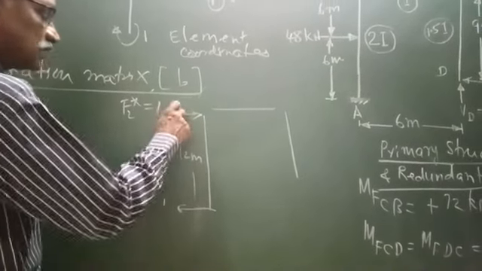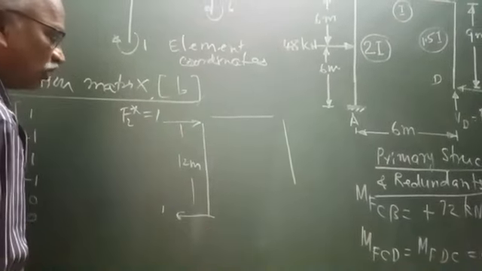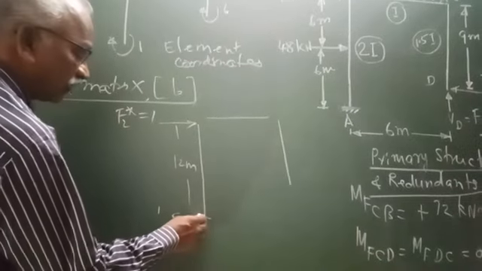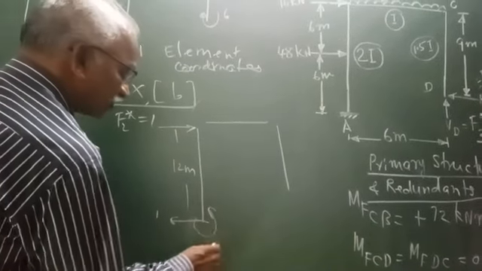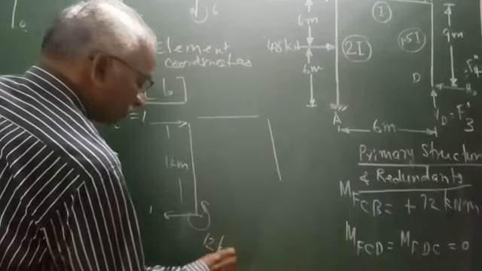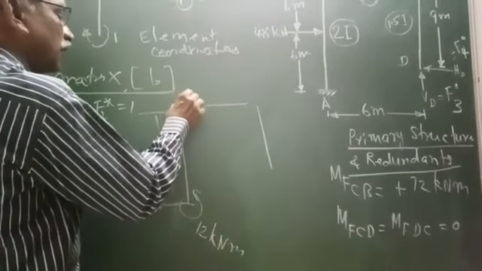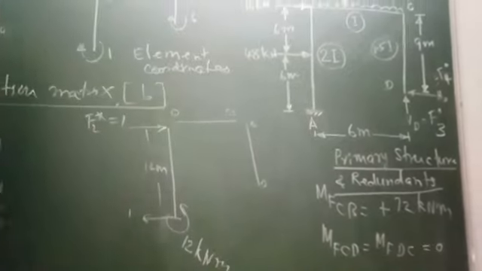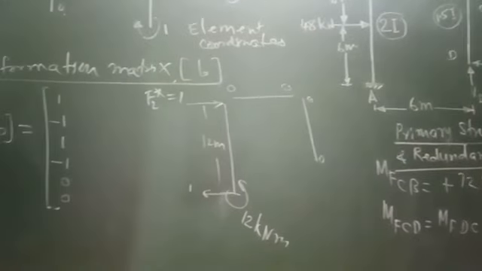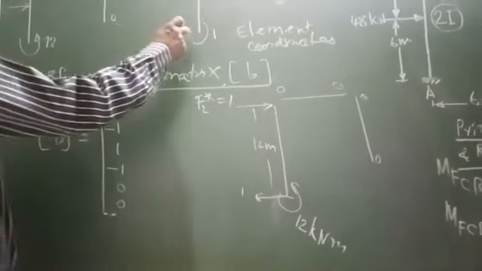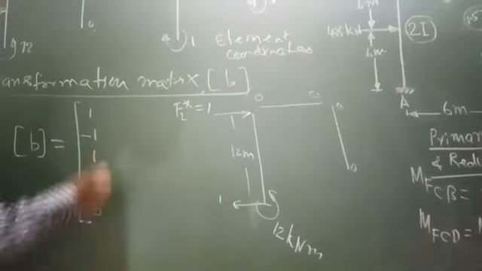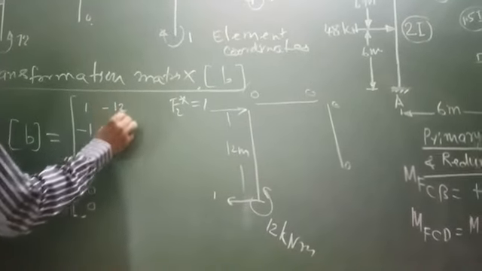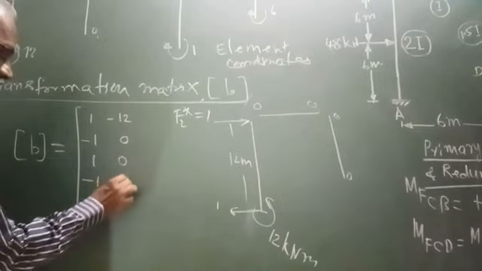These two will cause a clockwise moment of 12, 1 into 12. Therefore, for equilibrium, this will be an anti-clockwise moment of 12 kilonewton. So here it is 0, 0, 0, and 0. Therefore, the second column of the matrix is minus 12, 0, 0, 0, 0.